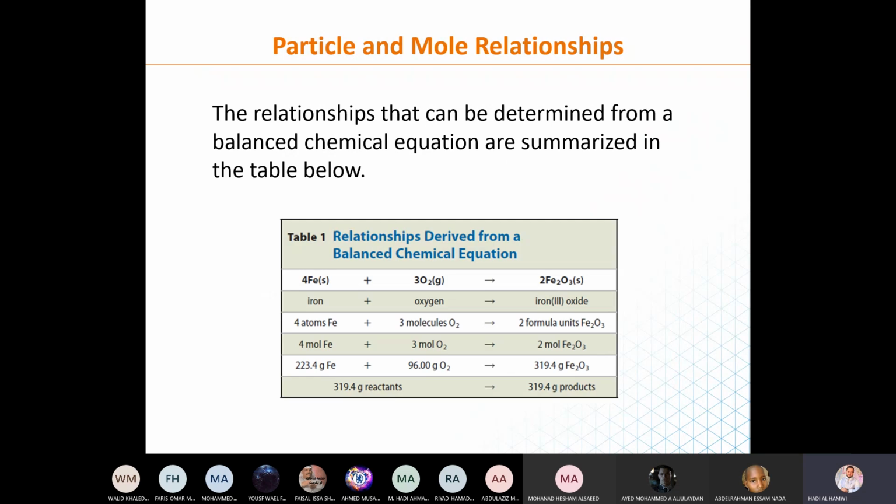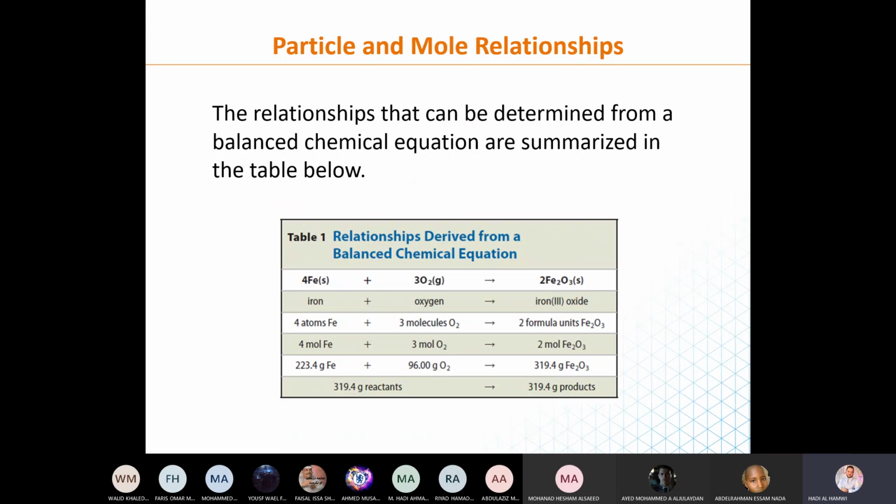Okay, we reached here yesterday. Yesterday we said that we cannot work on the relation between the reactants and the products unless we have a balanced chemical equation. Here, for example, we have 4Fe plus 3O2 gives 2Fe2O3. If we don't have the coefficients 4, 3 and 2, it's not balanced, so we cannot proceed.